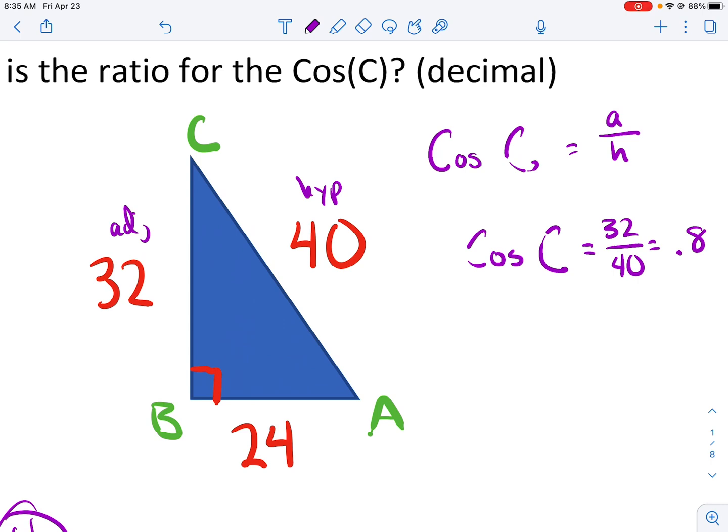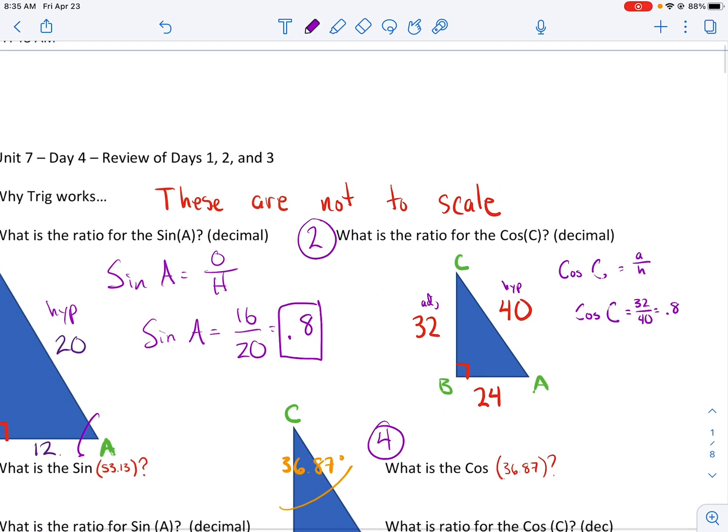Yes. Otherwise, what would be the point of this lesson, okay? So if you notice, all right, the sine of A is equal to the cosine of C. Just something to notice there.